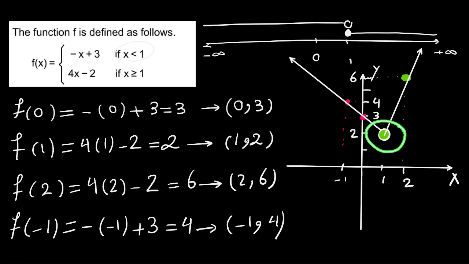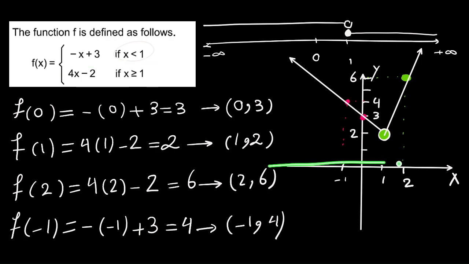This point belongs to the function because although at first it was a hole, because 1 and 2 were not included, 1 wasn't included in the domain here, later on we recognize that the point 1 and 2 is in this segment as well. So we filled the hole, and now this segment is for x greater than or equal to 1.